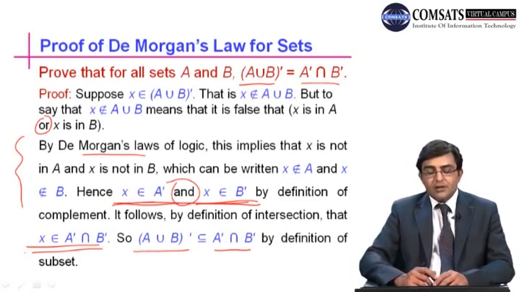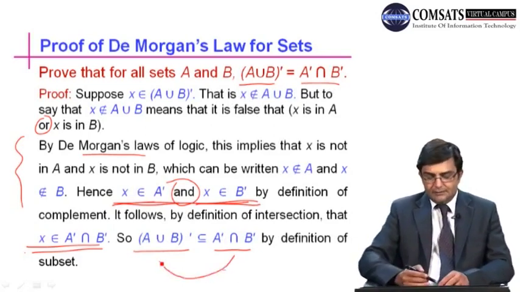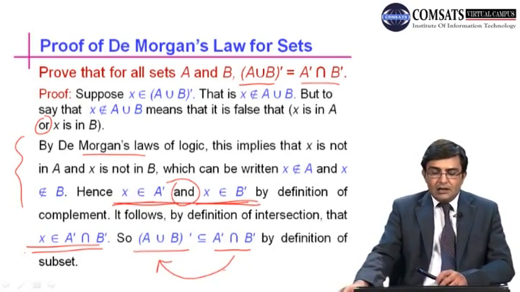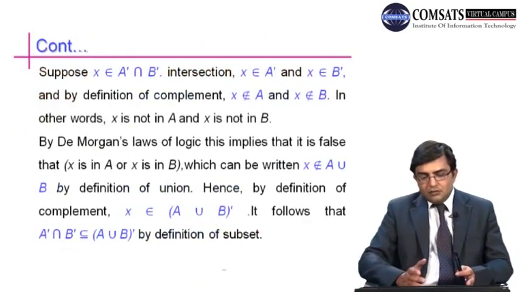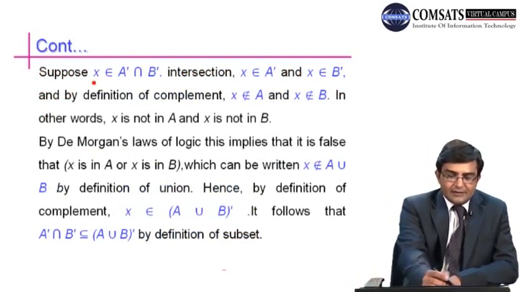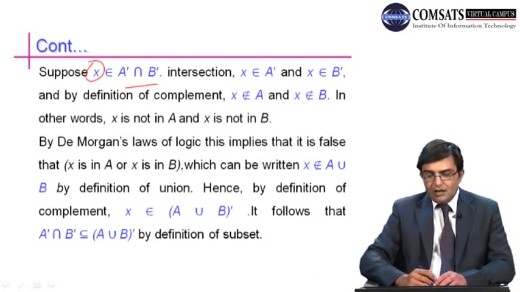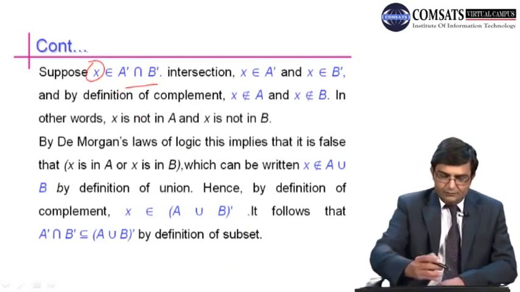Now we are going to prove the converse of this case. Means that we are going to prove that this is a subset of this set. Now what we do, if we do the same process, we choose an arbitrary x which belongs to this set, and here we have intersection.